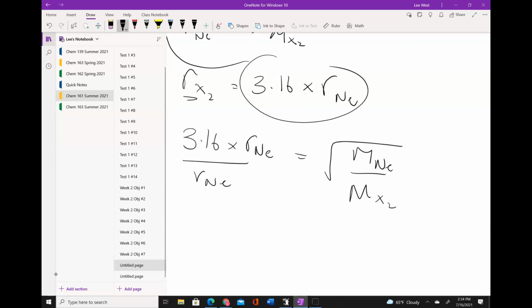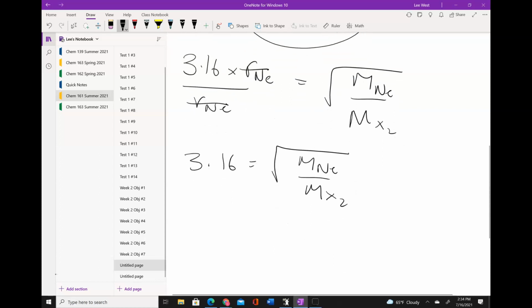The reason that's interesting is because now that term cancels out and there's only one thing left that we don't know the value of, and that's the molar mass of our unknown gas. So what I've got here is 3.16 is equal to the square root of the molar mass of neon over the molar mass of our unknown gas.